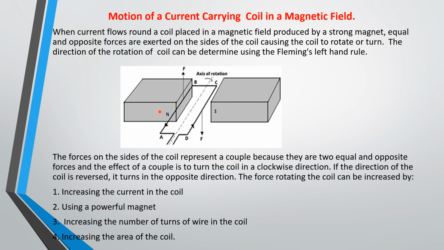Alright, so when current flows around a coil placed in the magnetic field produced by a strong magnet, is that okay?